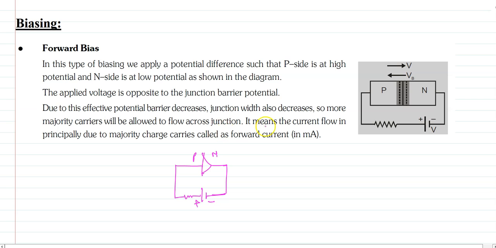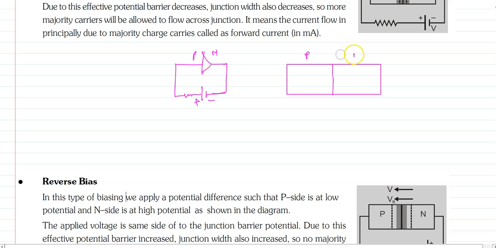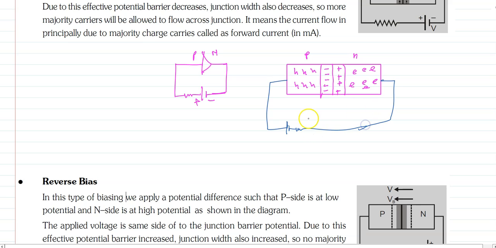Okay, so what will happen? You can see this is our diode, this is the p side, n side, and this is the depletion region. On the p side there are negative ions and on the n side positive ions. In the p side there are a large number of holes and in the n side a large number of electrons, and we have connected the battery.